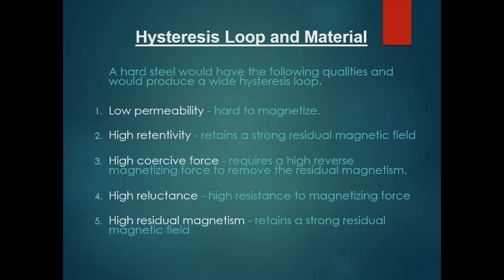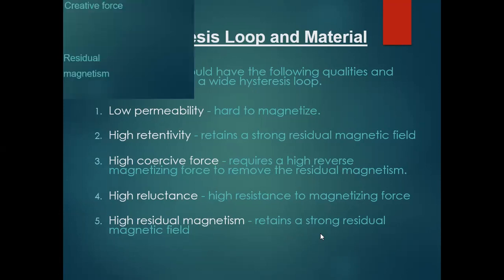That is high coercive force. High reluctance means the material is hard to magnetize, and it will sustain more residual magnetism. Residual magnetism and magnetization are the same. It retains a strong residual magnetic field.